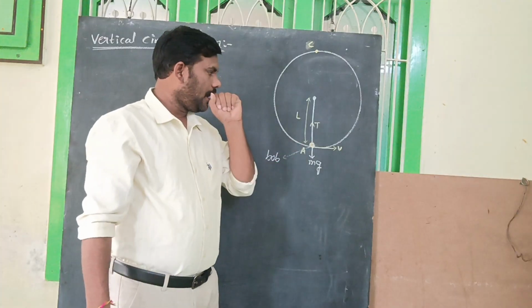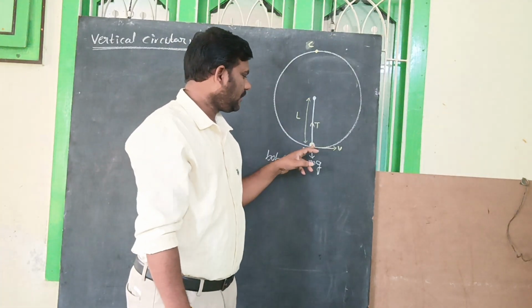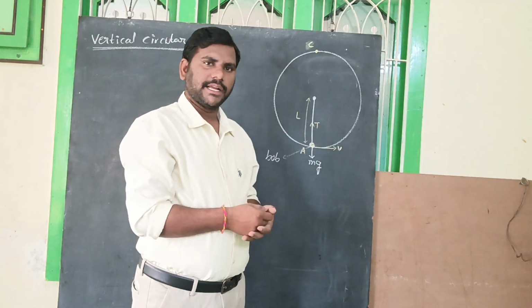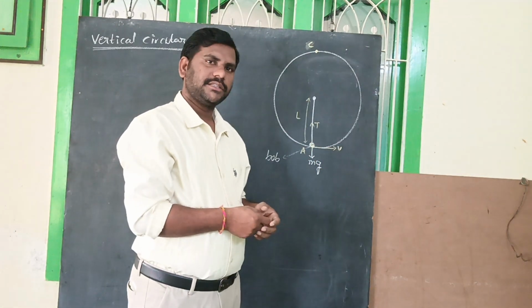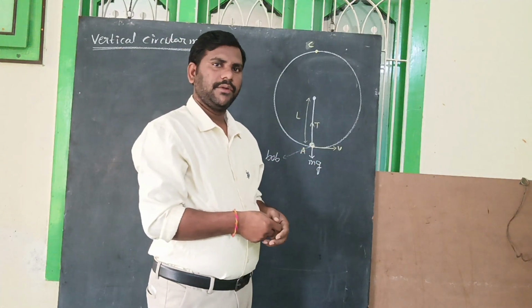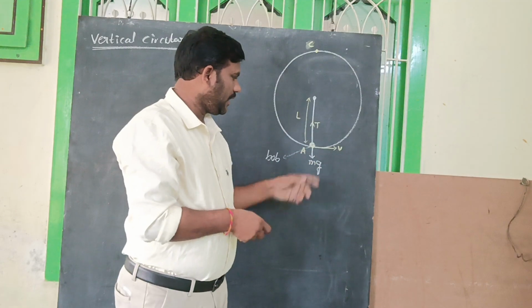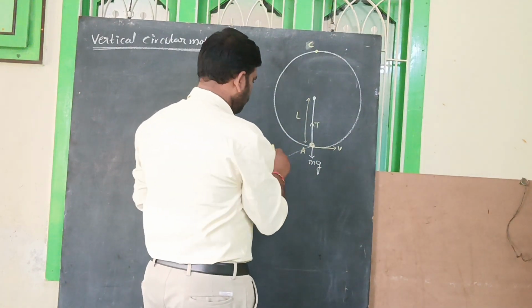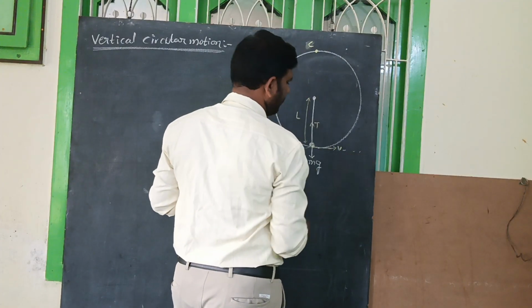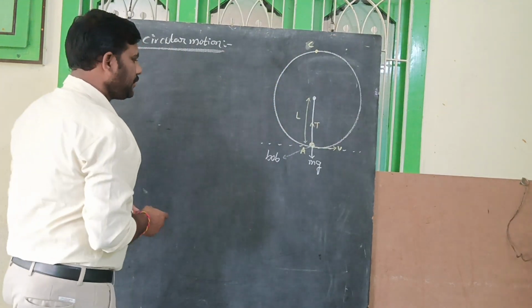In this case, at the lowest point, we will find the potential energy and kinetic energy, that is, the mechanical energy of the bob. Here the potential energy is zero. Why? Because it can be considered as the ground, so there is no height; the height is zero.